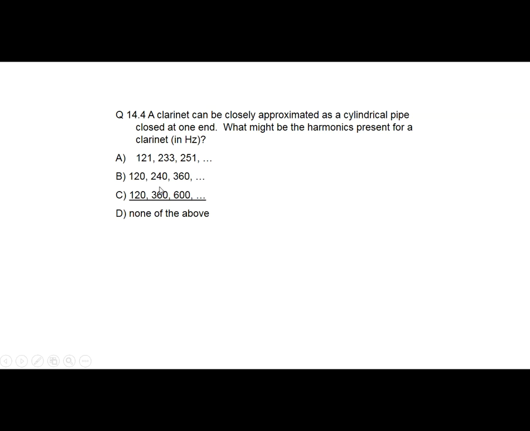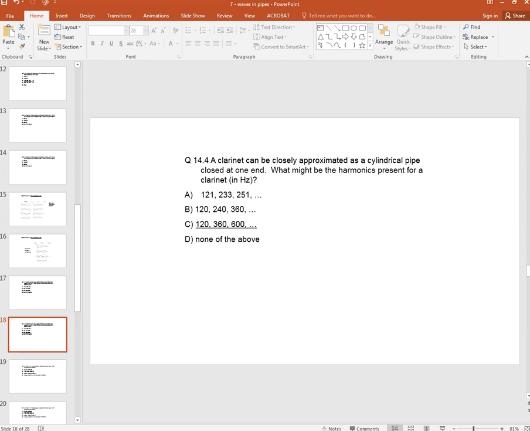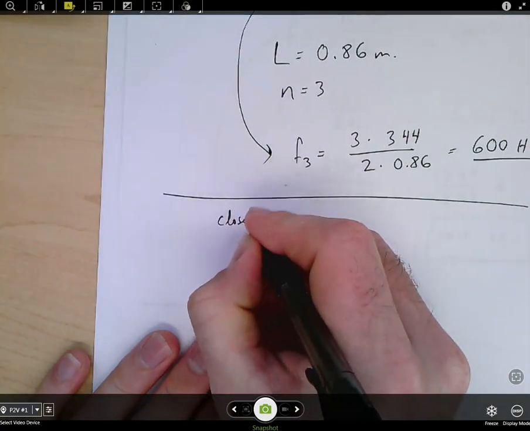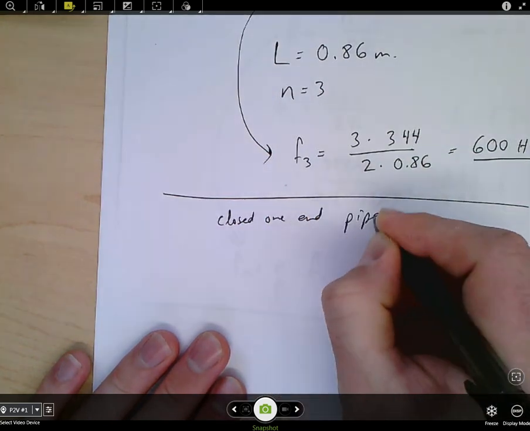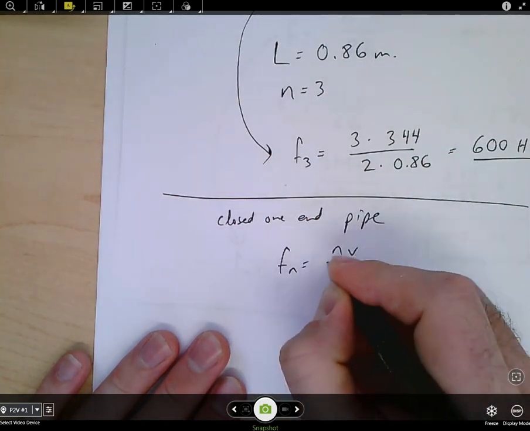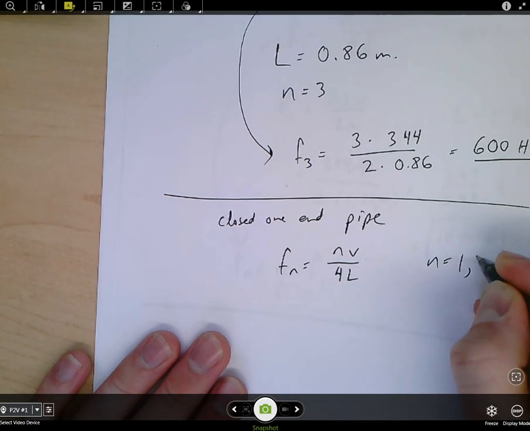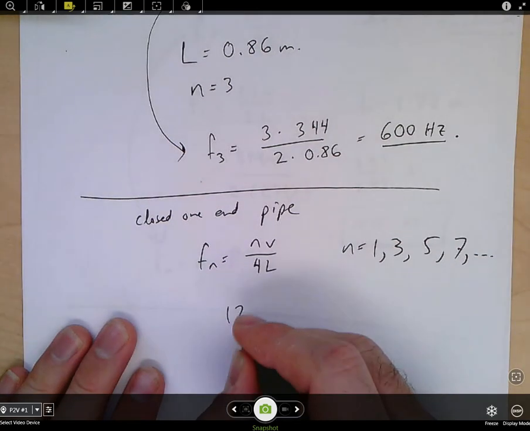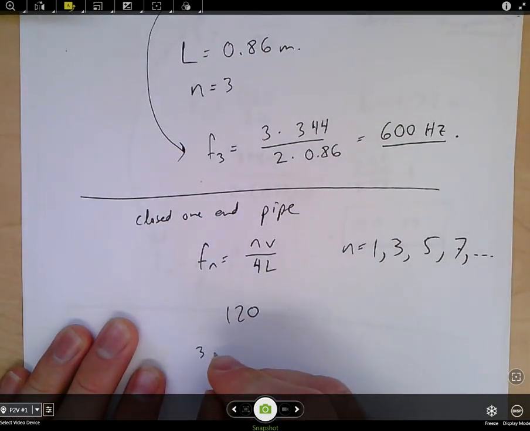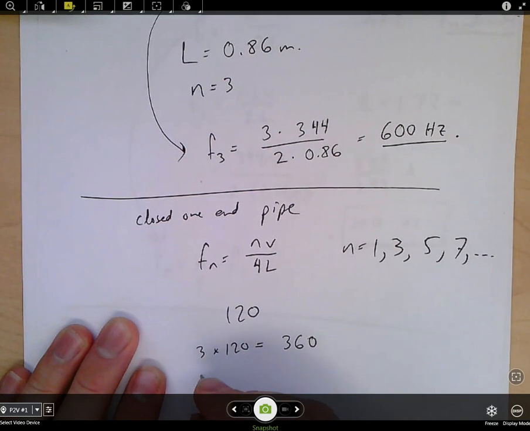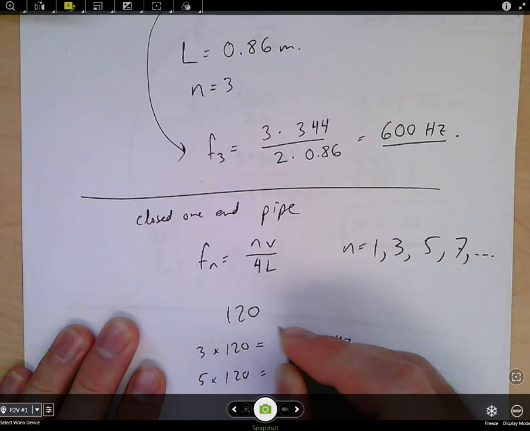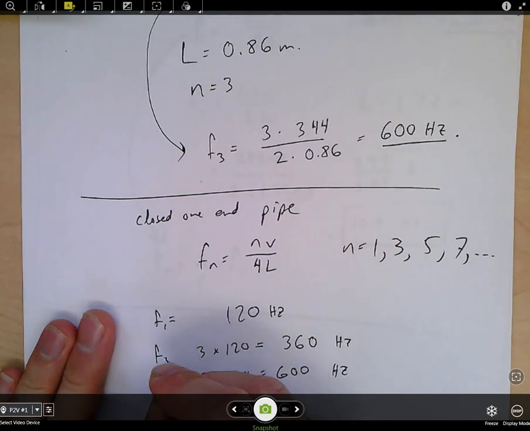So in fact, the answer should be C. So in other words, going back to the pen and paper here, for the closed at one end pipe, F of n is equal to nv over 4L, and n can equal 1, 3, 5, 7, etc. And so the point here is that if we started with 120, then 3 times 120 will be 360 hertz, and 5 times 120 will be 600 hertz. So that's how we get those different harmonics. So this will be F1, F3, F5.